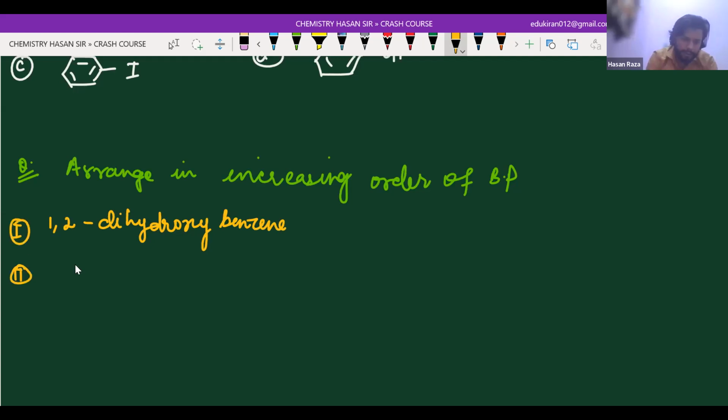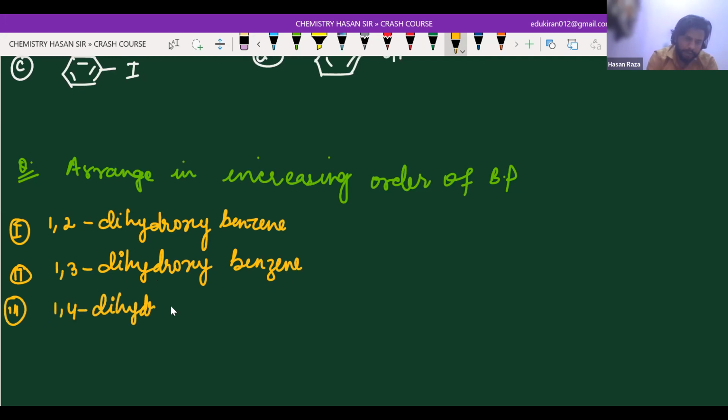The second one is 1,3-dihydroxybenzene. The third one is 1,4-dihydroxybenzene. The fourth one is hydroxybenzene.